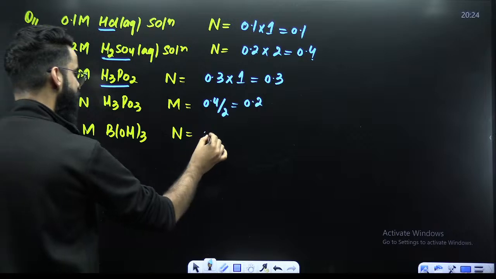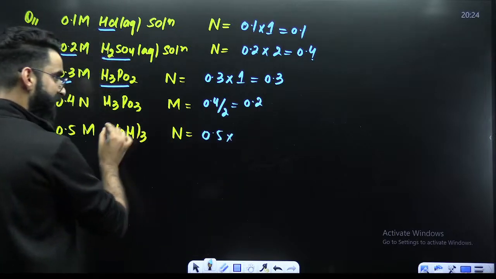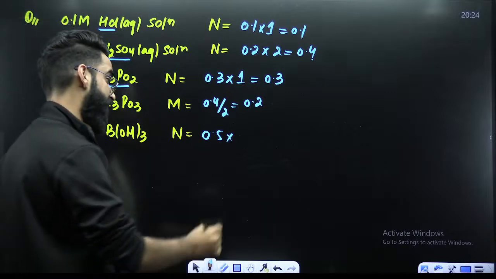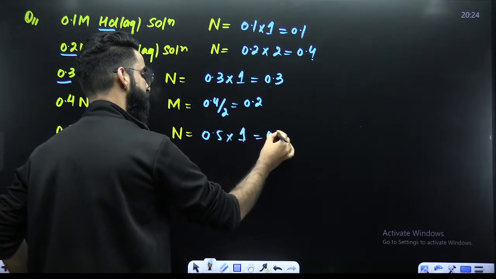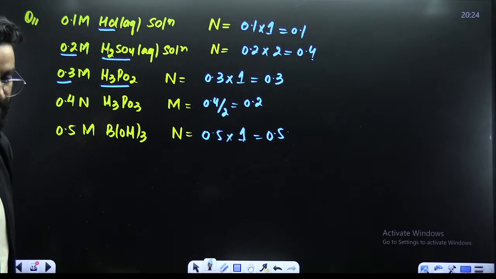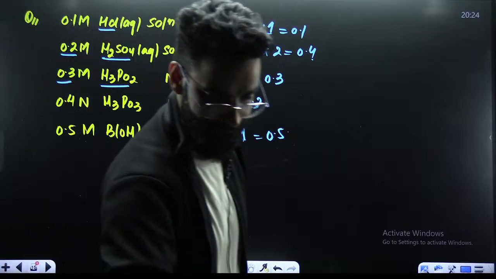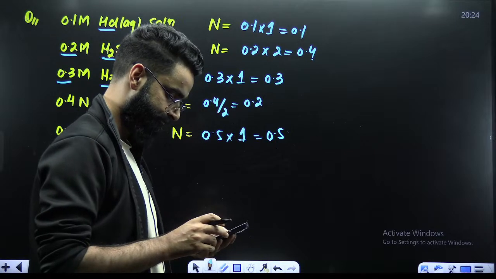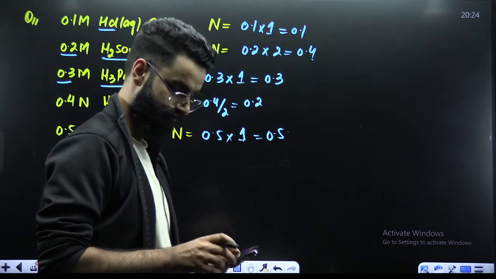Normality is equal to molarity multiplied by the n factor of boric acid. When you put boric acid into water, its n factor is 1. So 0.5. Perfect. I believe this is clear.